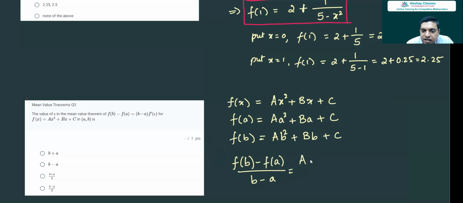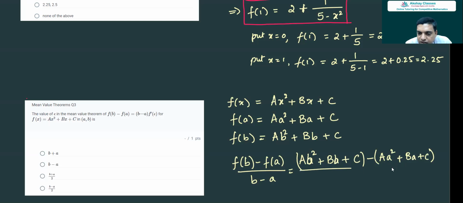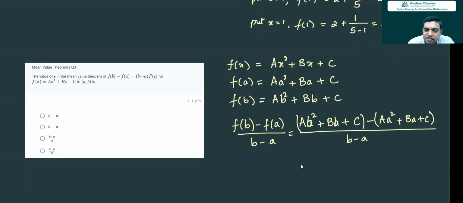You get capital A b square plus B b plus c minus of capital A a square plus B a plus c by b minus a. C and c cancels.